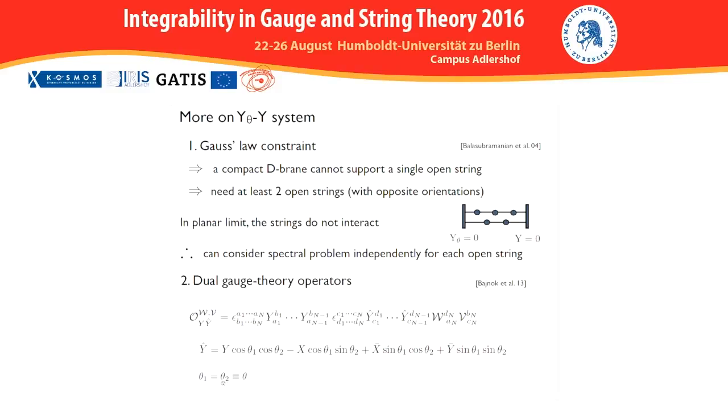In what I discussed, I kept the two angles equal, so theta 1 equals theta 2 equals theta. That's the subject Y hat. What you see here is just a shorthand notation for two epsilon tensors, epsilon A1 to AN times epsilon B1 to BN. This is the N of SU(N), and N is going to infinity. And you contract the lower indices of the Y's with the upper indices of these epsilons.